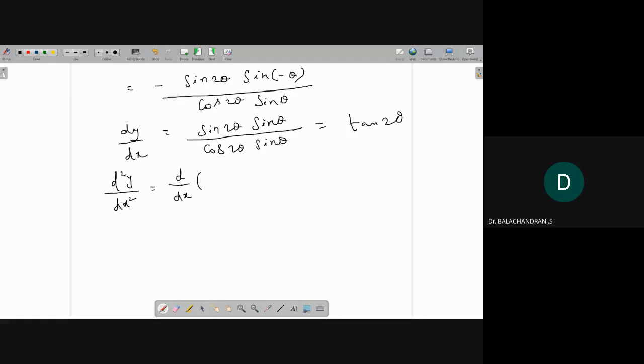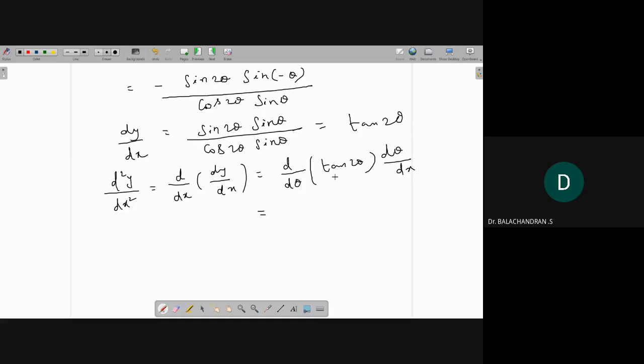D by dx of dy by dx. You can write this is d by d theta of dy by dx, which is tan 2 theta, into d theta by dx.